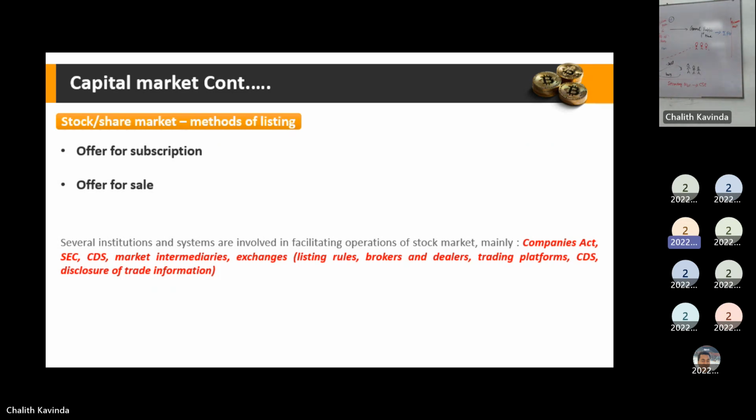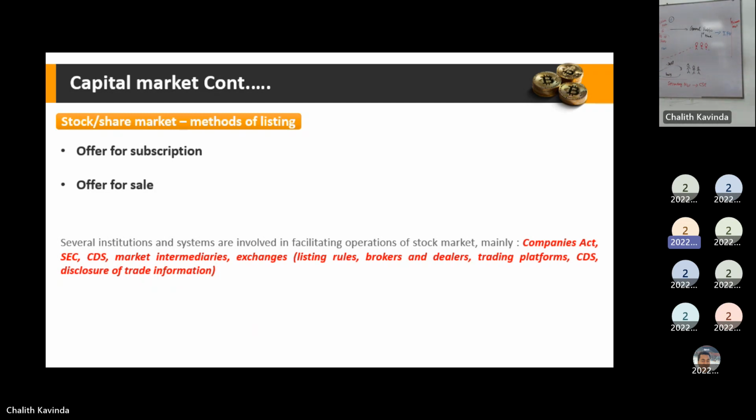The secondary market sale. Yes, could you please explain?